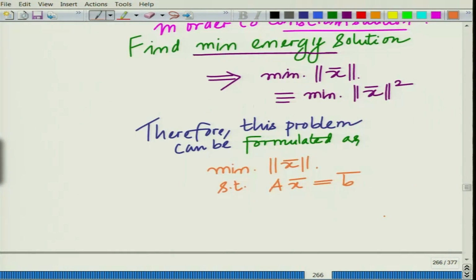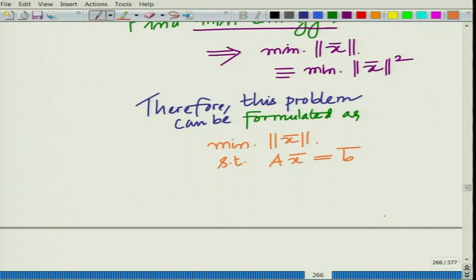So, what we mean by this is, among all the solutions, find the one that has the minimum energy or the minimum norm or the least norm. Therefore, this is known as the least norm solution.